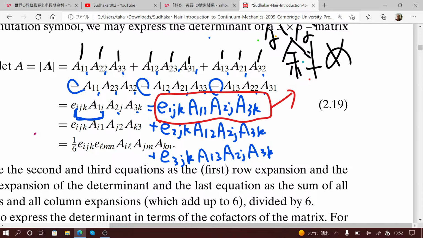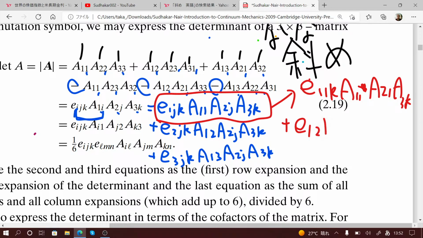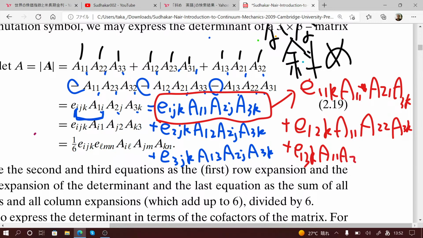Now you can expand in terms of j, and you obtain something like this: epsilon_{11k} A_{11} A_{21} A_{3k}, plus epsilon_{12k} A_{11} A_{22} A_{3k}, plus epsilon_{13k} A_{11} A_{23} A_{3k}, something like this.